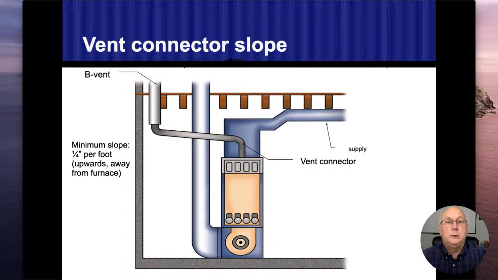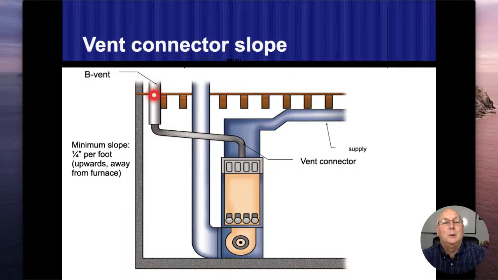In this illustration, we're showing both a vent connector and a B vent. Here's my appliance, and right above the appliance is my vent connector. This pipe is sloped upwards towards my B vent, and now I have the pipe within a pipe.